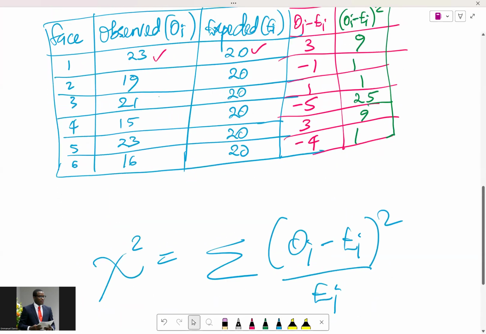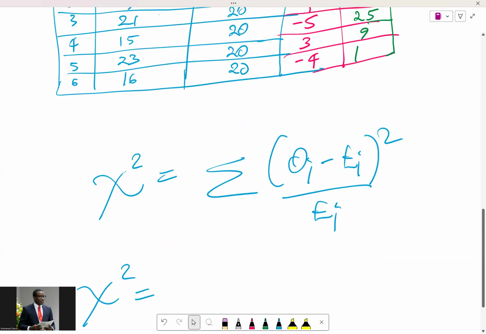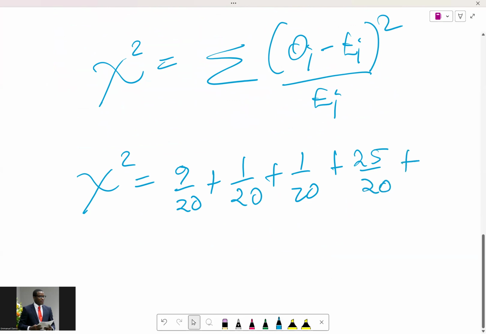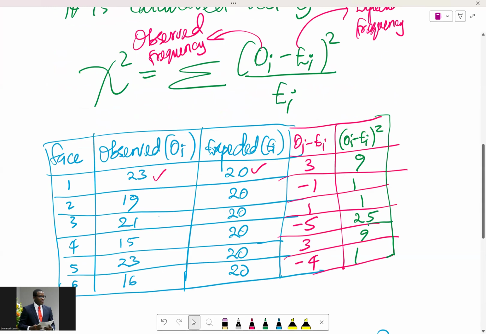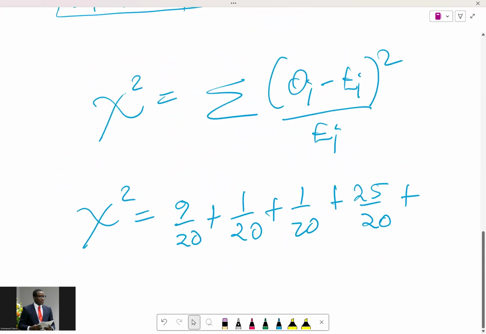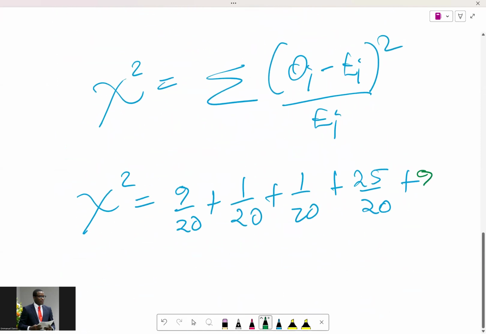So that's 9 over 20 plus 1 over 20 plus 1 over 20 plus 25 over 20 plus 9 over 20 plus the last one, 16 over 20.